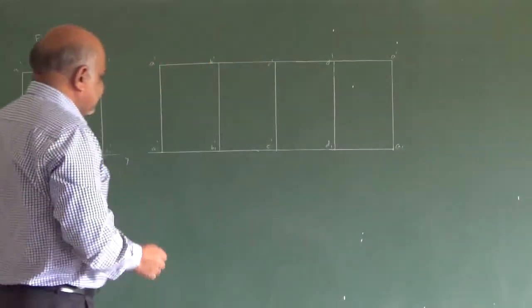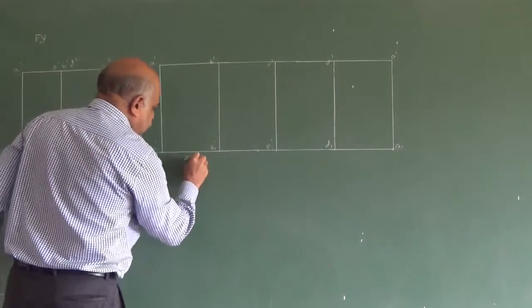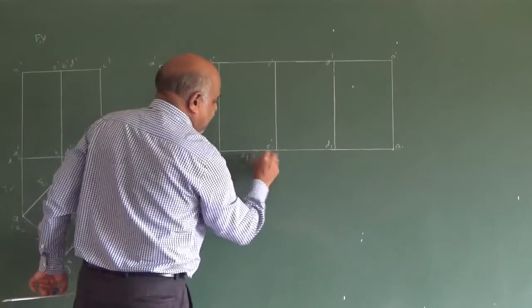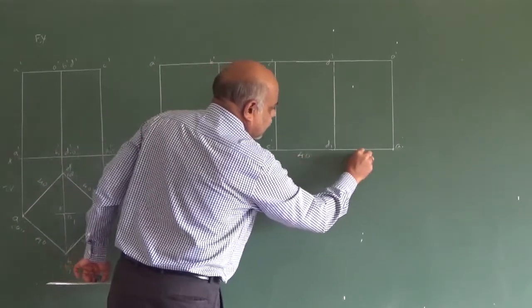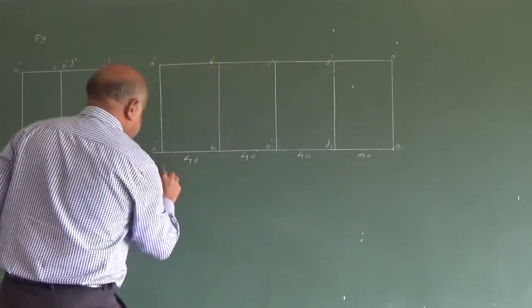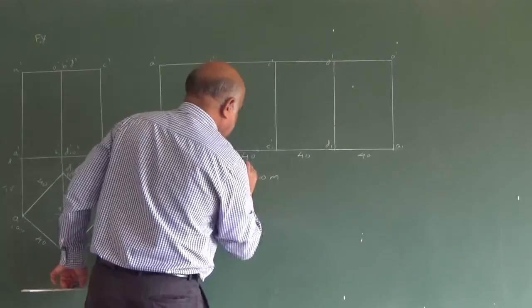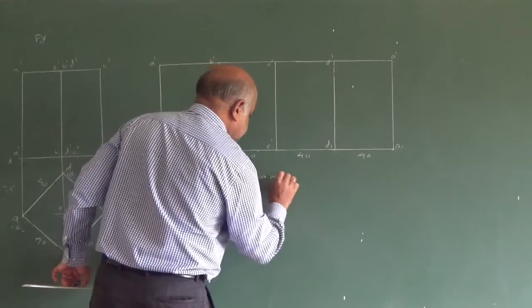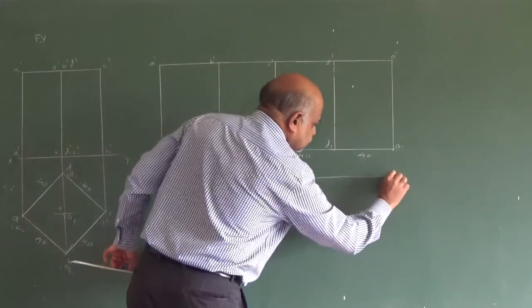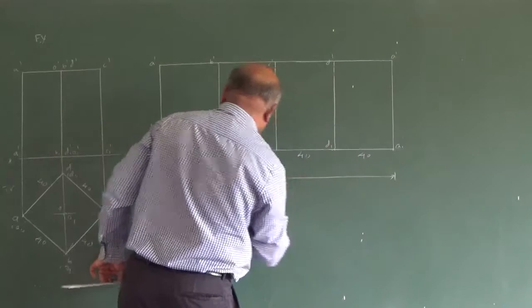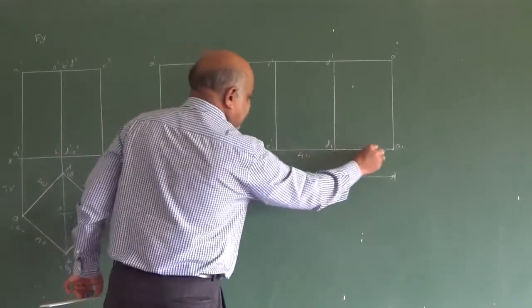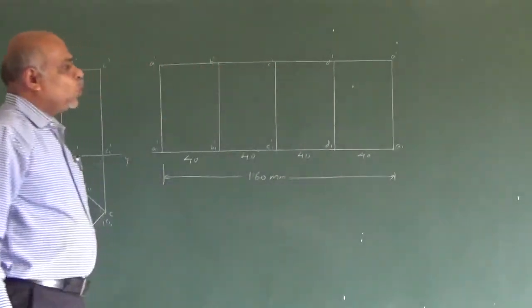To manufacture a square prism of 40, 40, 40, 40, the total length is 160 mm.